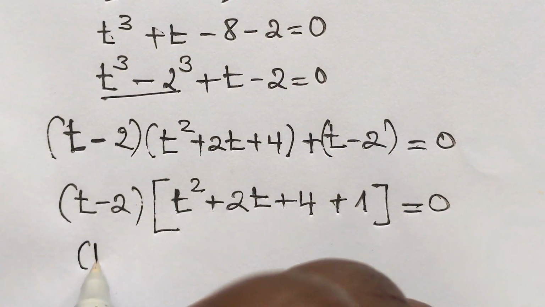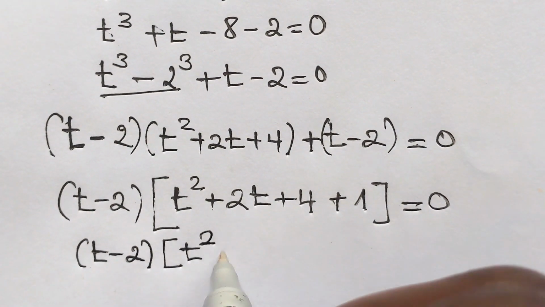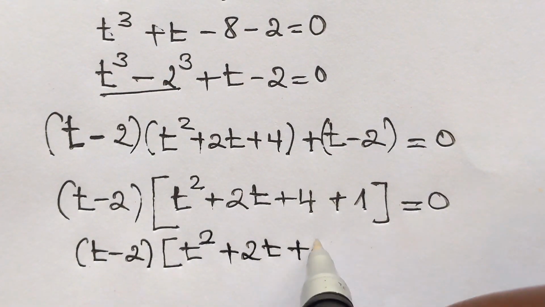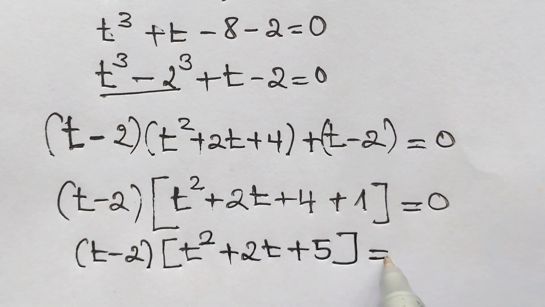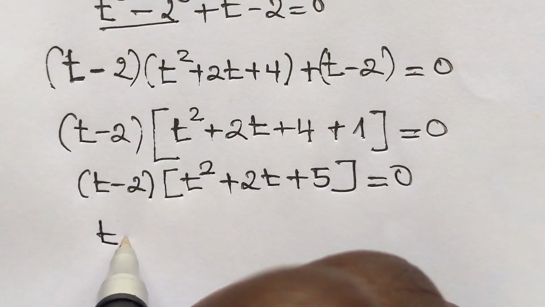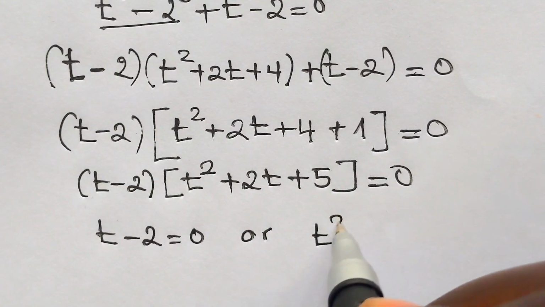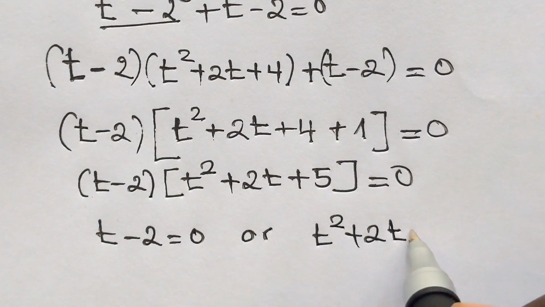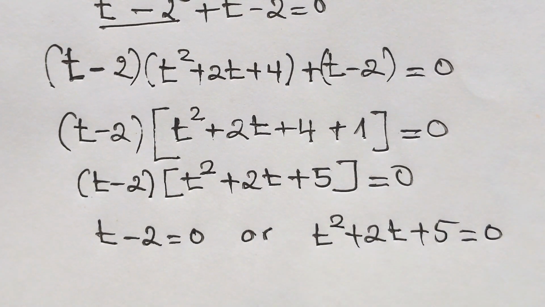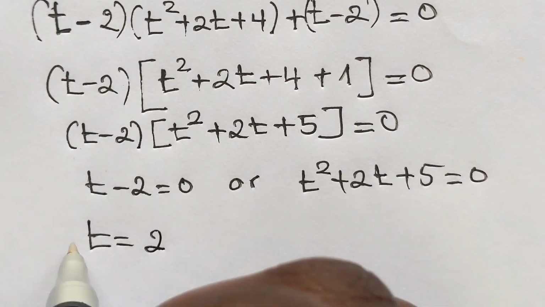At this stage we shall write t minus 2, open bracket of t squared plus 2t plus 5, close bracket equals 0. At this stage we shall write t minus 2 equals 0, or t squared plus 2t plus 5 equals 0. At this stage we have t equals 2.